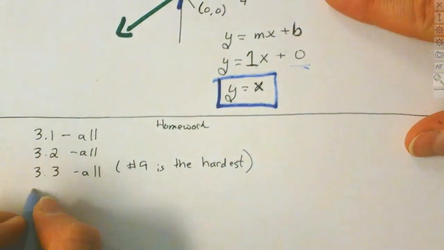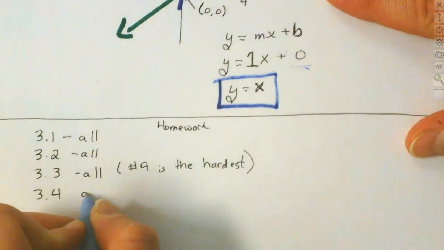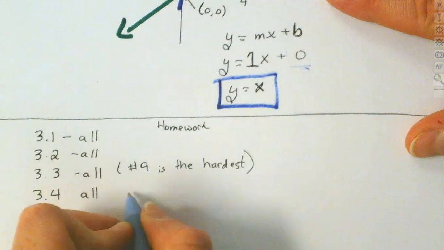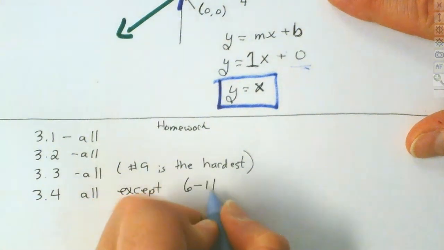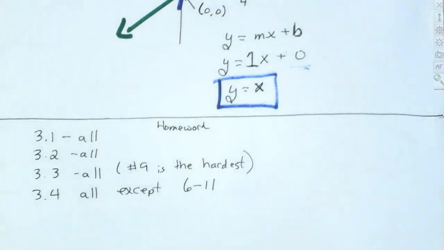So 3.4, you should be able to do all of them except 6 through 11. And we'll cover 6 through 11 next class period. We just haven't had enough time to really go through those. And it builds with 3.5. So they all go together. So that's going to be your homework.